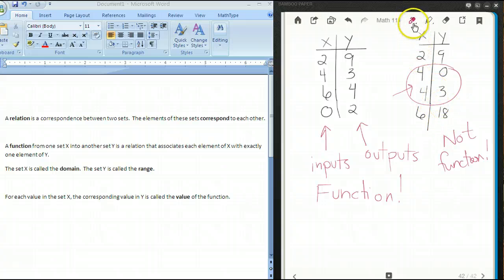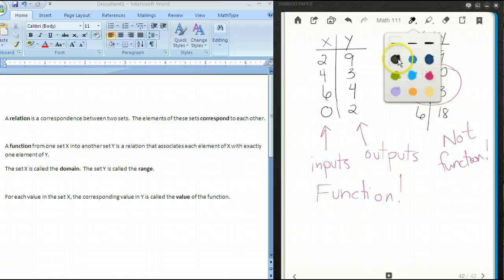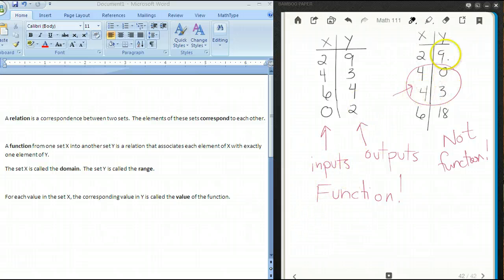And the same thing would work if we were to look at a set of ordered pairs. If we were to rewrite this relation on the right as a set of ordered pairs, we would notice that we get duplicates again. Remember, sets of ordered pairs are written as a set, and we write the list of ordered pairs here.